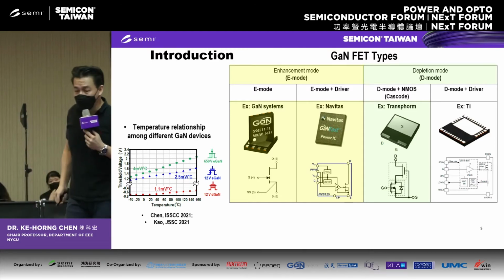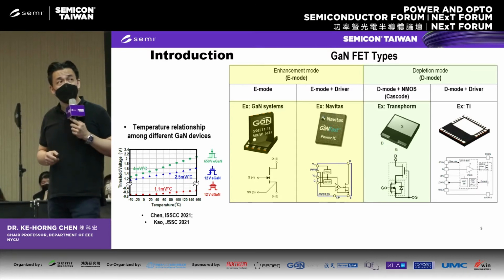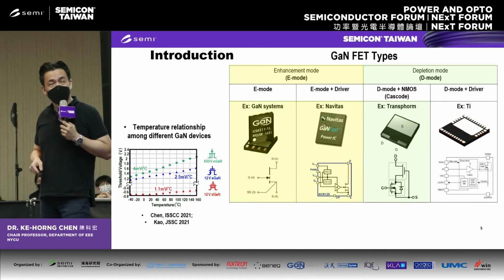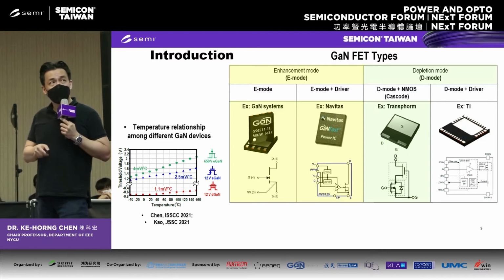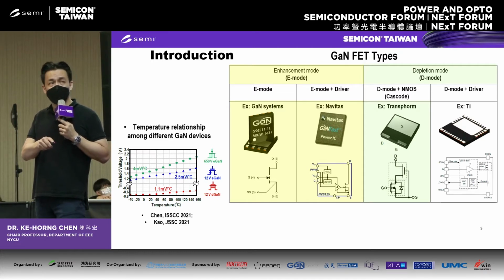If we compare E-mode and D-mode GaNs, most people like to use eGaN, E-mode GaN, because it is easy to control, because it is a normally off device.